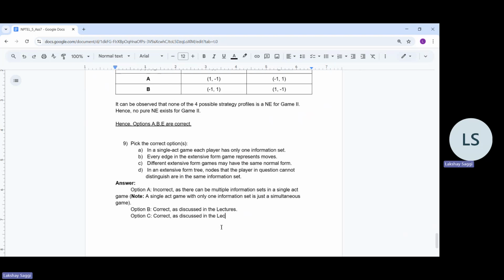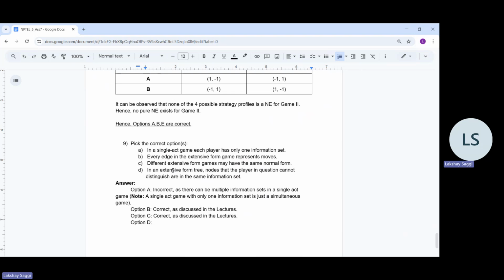This is not surprising, because you can play around with information sets, the player sets and everything to obtain two extensive games with the same normal form. Now option D: in an extensive form tree, the nodes the player in question cannot distinguish are in the same information set.